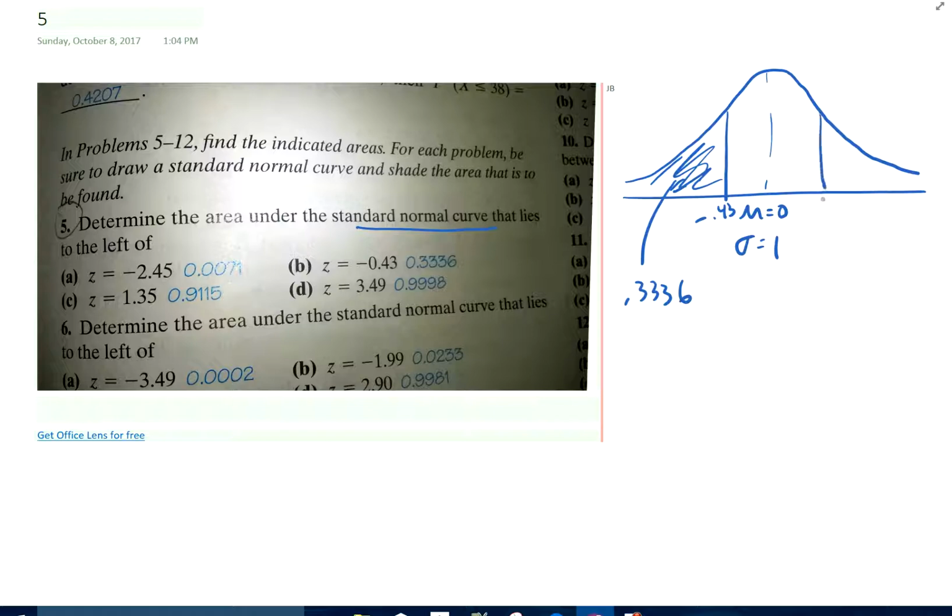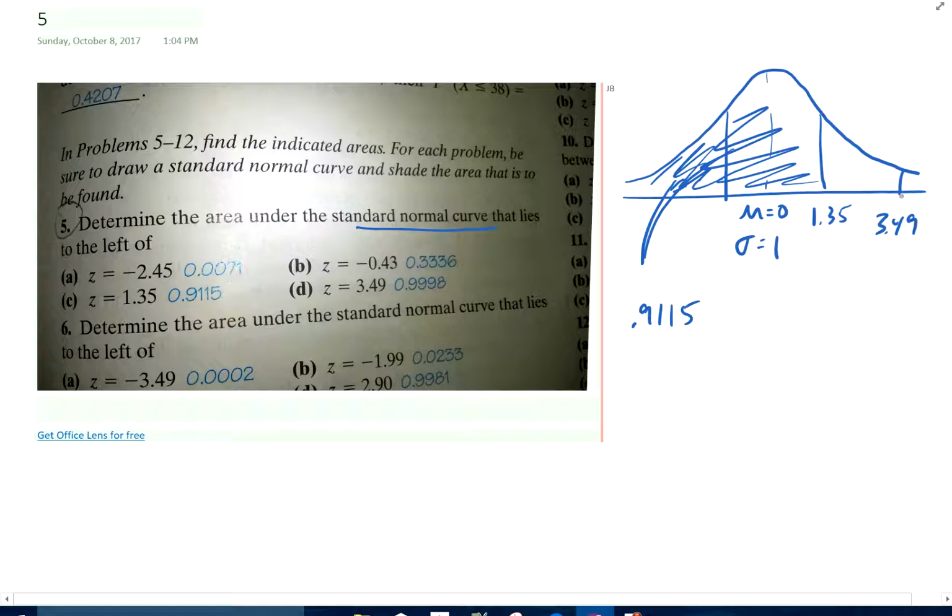Z is 1.35. That's all of this area here. So I'm going to look up 1.35, and that's my shaded area, 0.9115, 91.15%. And the last one is 3.49.